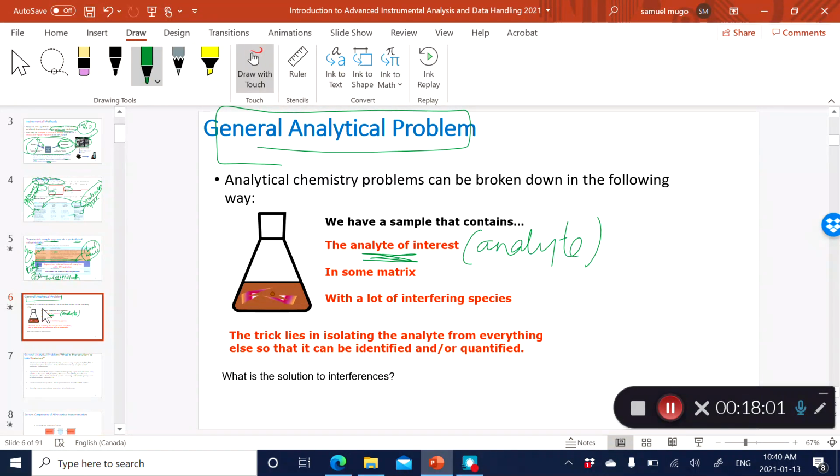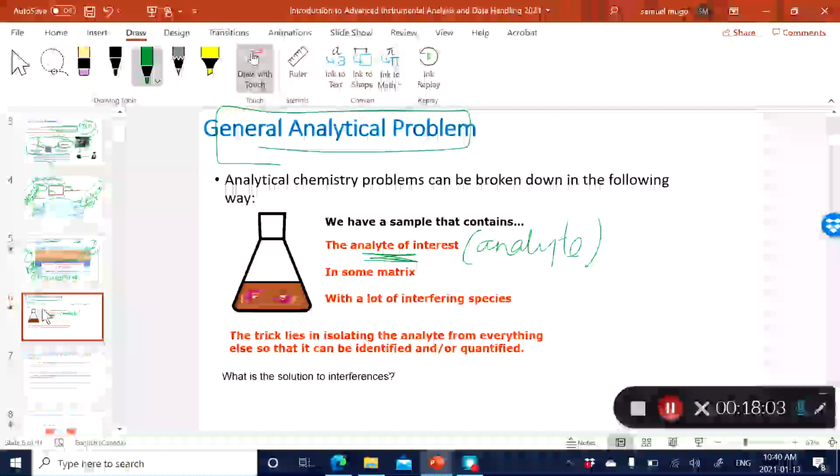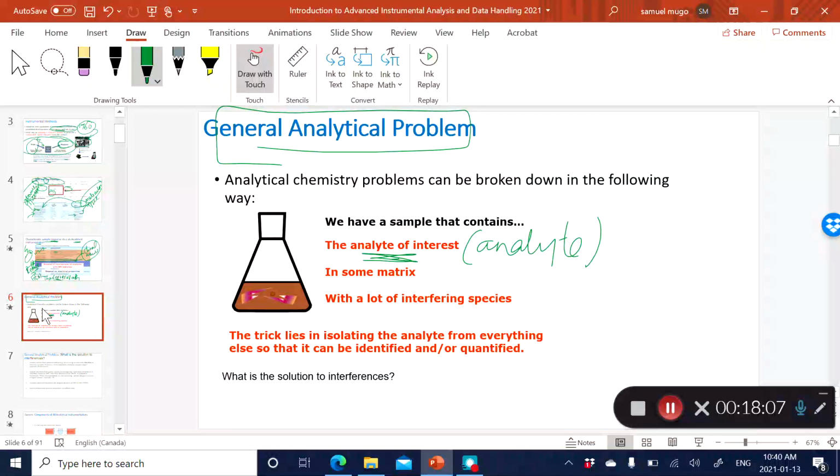Other than the analyte, the sample contains other types of materials that you're not really interested in, and that is what you refer to as the matrices. Essentially, they get in the way of detection of your analyte of interest, and as such, sometimes we refer to them as interfering species. They are making it difficult for you to analyze your analyte of interest.